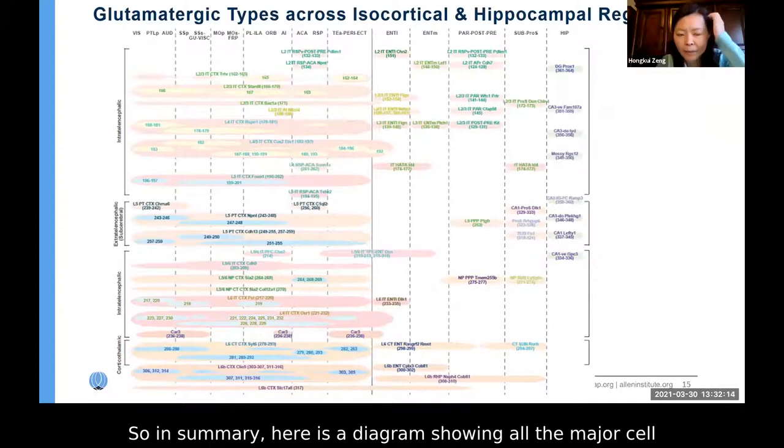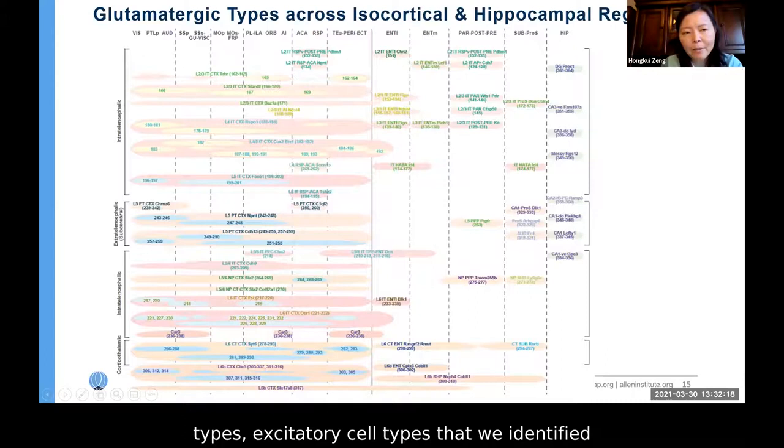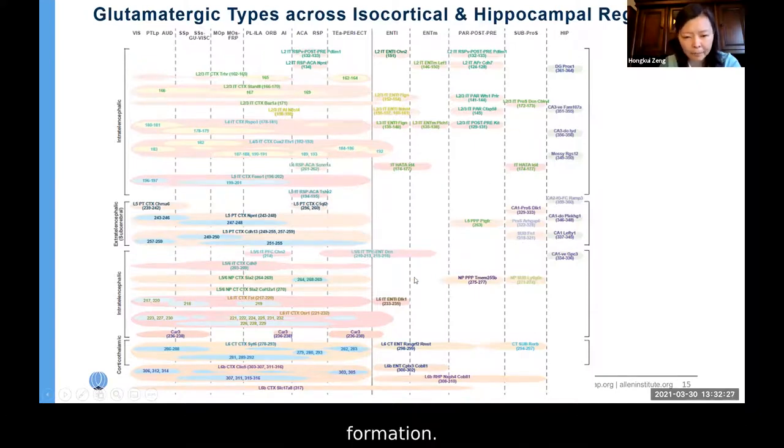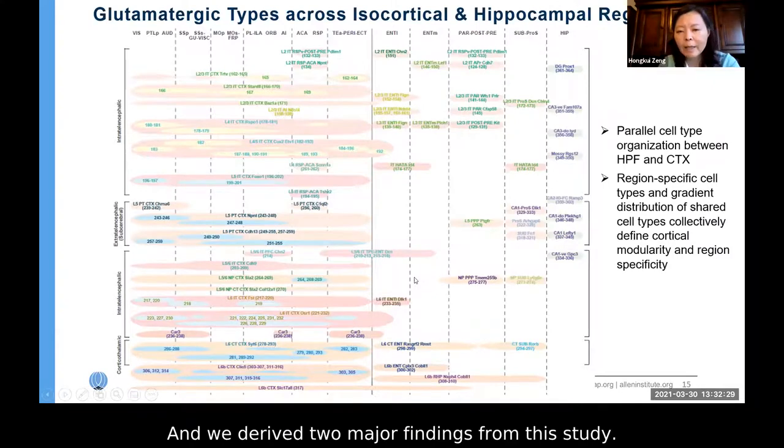So in summary, here is a diagram showing all the major excitatory cell types that we identified across all different areas of isocortex and hippocampal formation. And we derived 2 major findings from this study.